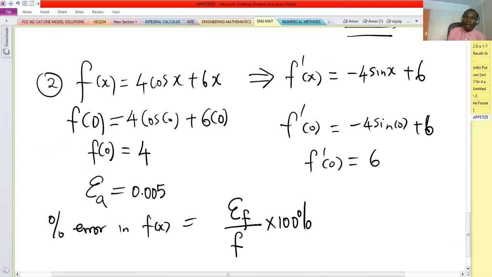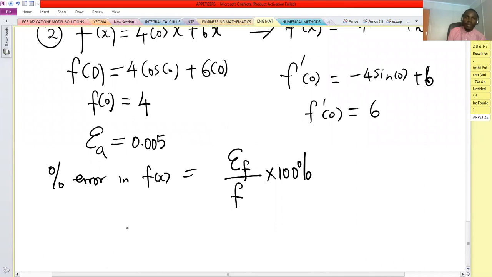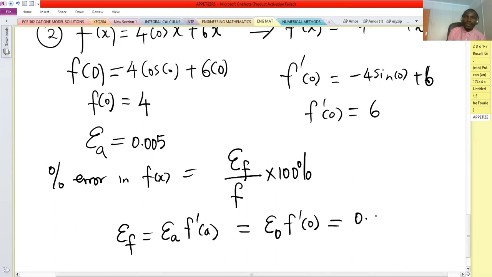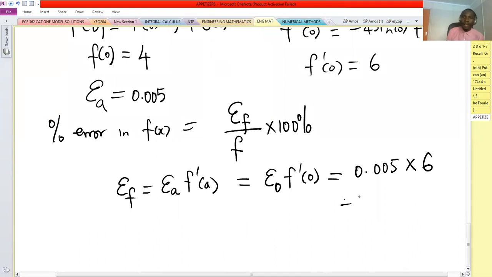But remember, error in a function of a single variable is given by error at that point times the derivative at that point. So which will be error at 0 and then f prime at 0. So which will be 0.005 multiplied by the derivative, which is 6. And this will give 0.030, because 5 times 6 is 30, then 3 decimal points. So this is the error of the function.